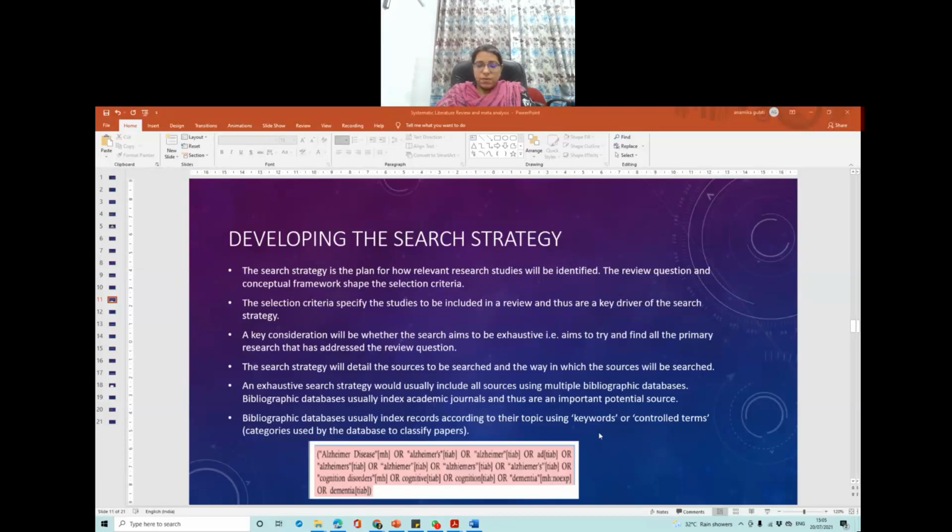A lot of research is published in books, and an increasing amount of research is not published in academic journals, or at least may not be published there at first go. So it is important to consider how you will find relevant research in other sources, including unpublished or gray literature. In that case, the internet is a valuable resource for this purpose and should also be included in any search strategy.